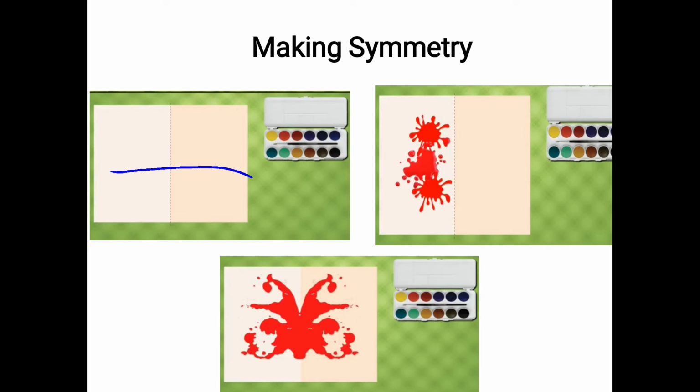And we put some colors on the left hand side. If we put some colors on the left hand side and fold the paper again, we'll get the symmetry. Why are we getting the symmetry?